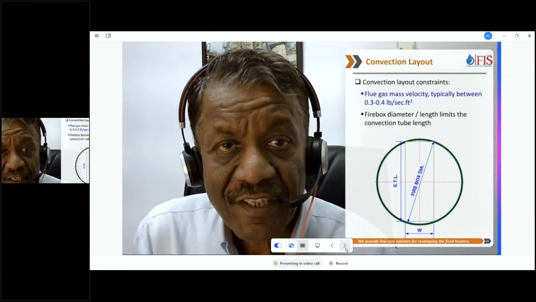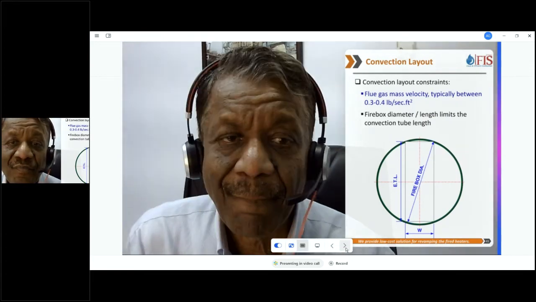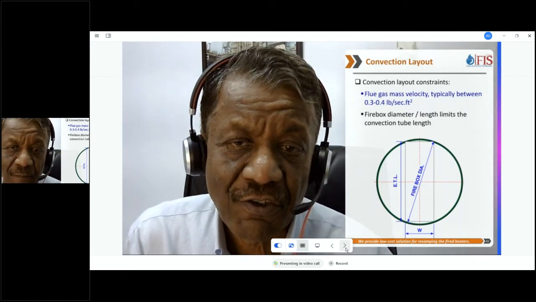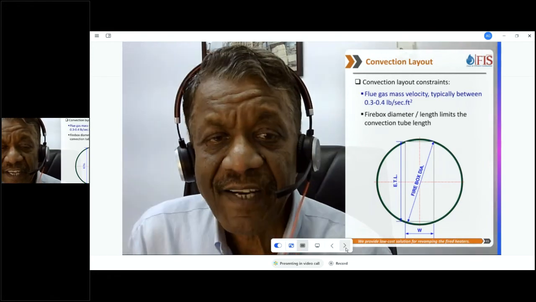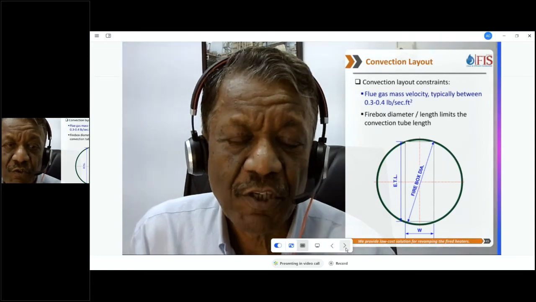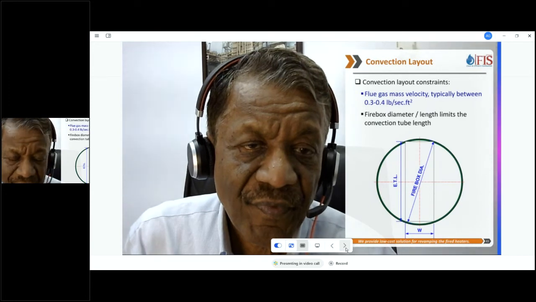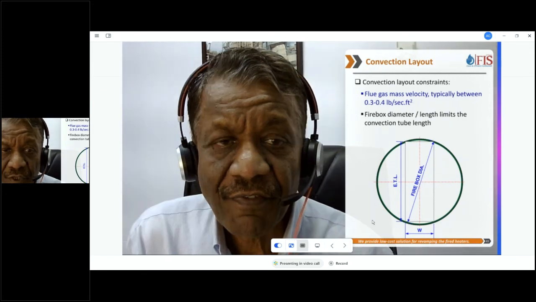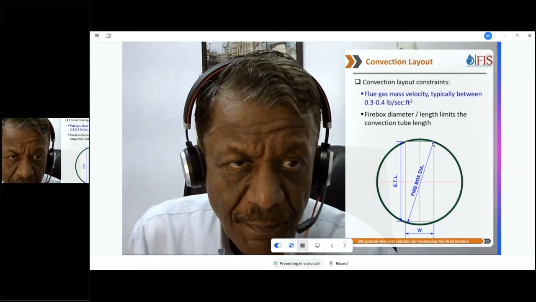Another important thing which we have to do when we are sizing the radiant section is to determine the convection section layout, because some amount of radiant heat is transferred to the bottom row, or the bottom 3 rows, of the convection section. So here what we want is for the convection section to be supported by the radiant section.